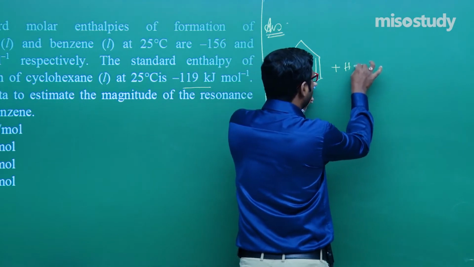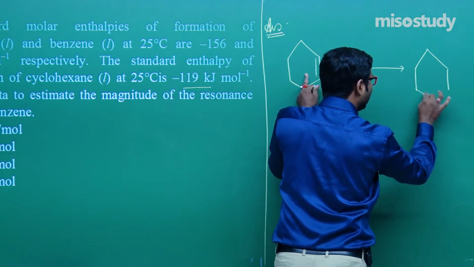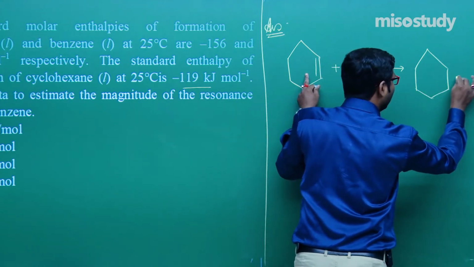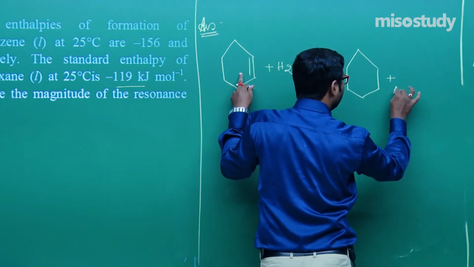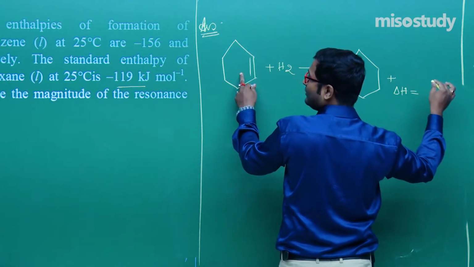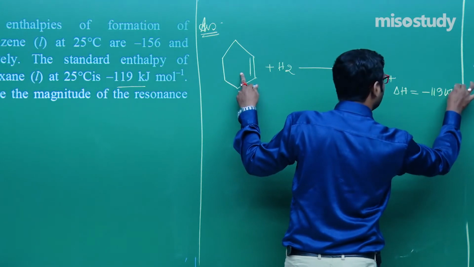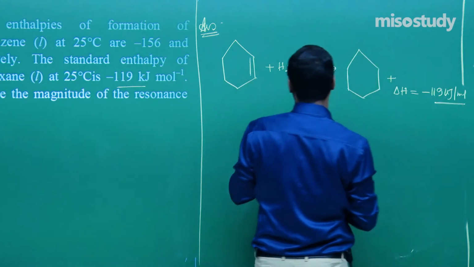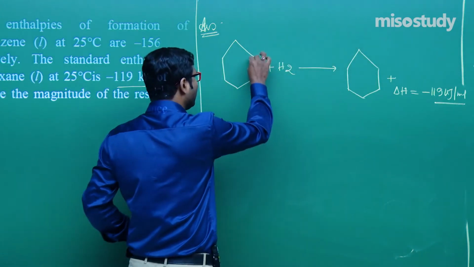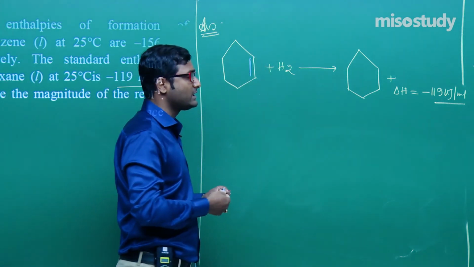Hydrogenation gives you cyclohexane. In this case, delta H is minus 119 kilojoule per mole, according to the question. There is a conversion of one double bond into a single bond.